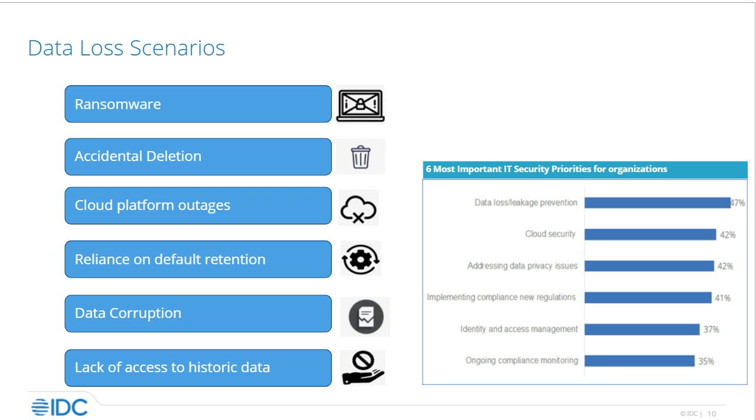And these data loss scenarios and data protection are very well connected to the security strategies that companies are trying to implement. So we asked organizations, what are your top security priorities? And data loss and leakage prevention and cloud security stood out at the top. When companies are failing in their cloud strategies, when we delve deeper into it, we realize that most of the time it is some kind of issue with regards to their security configuration or network configuration.